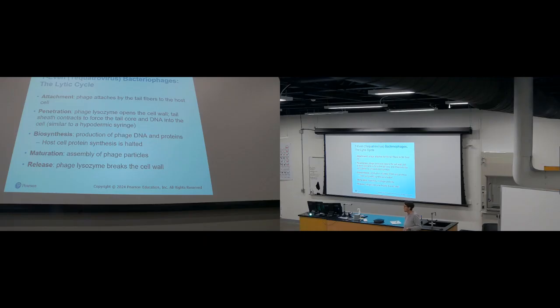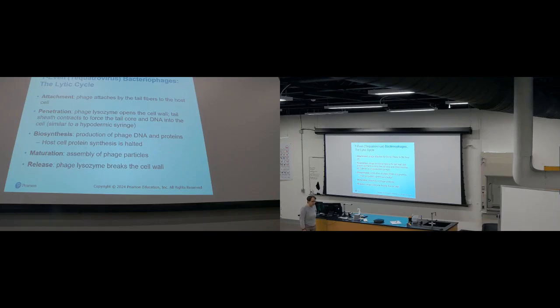So that's why it's a parasite. And then once you have DNA and proteins, you start assembling, like if it was a car factory. You have different pieces, you bring them all together. This is called maturation. And then once you have your complete virion, you will release. So you will lyse the cells. And in order to do so, you also use the enzyme lysozyme.